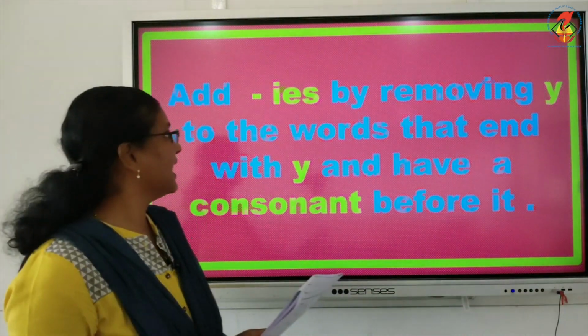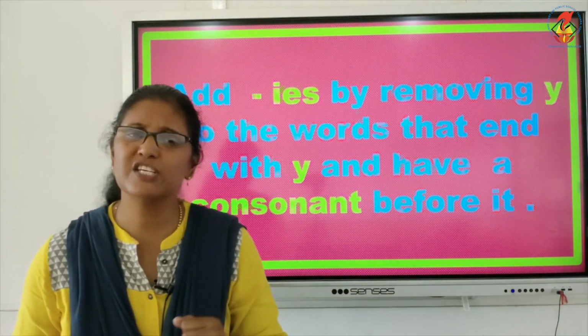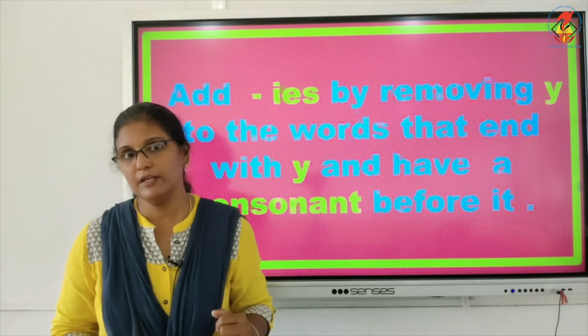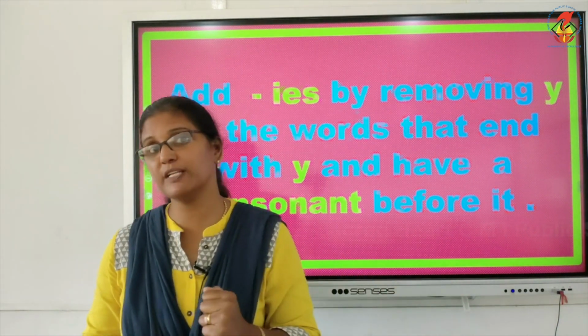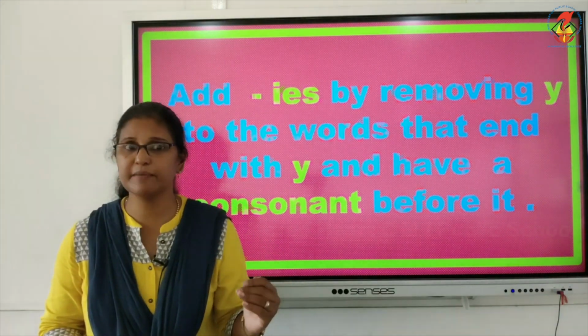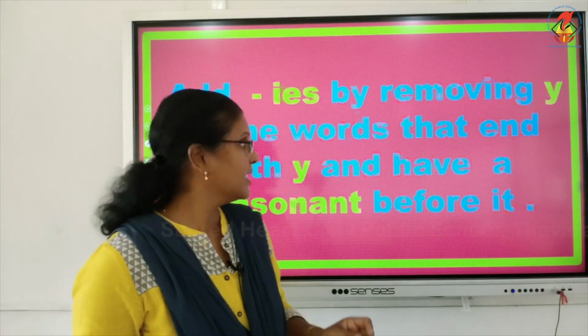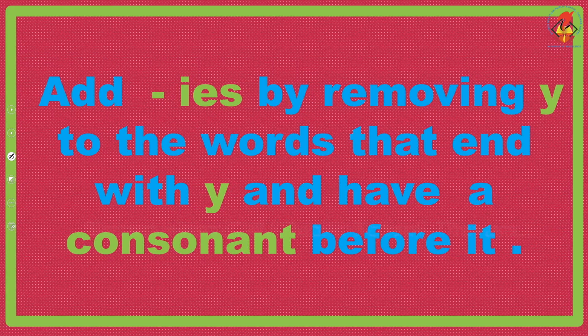Now we have few words which are ending with Y, with a consonant before it or sometimes a vowel before it. Here I read it for you. Add IES by removing Y to the words that end with Y and have a consonant before it.